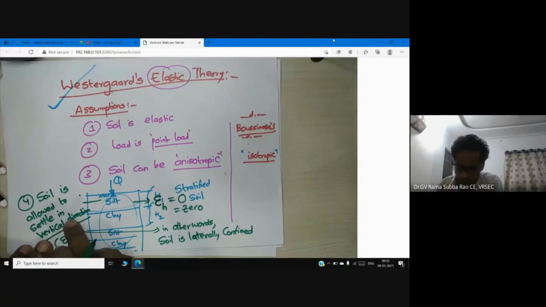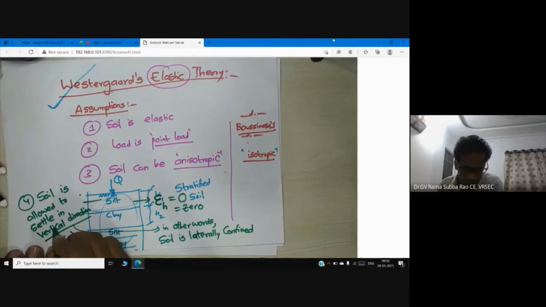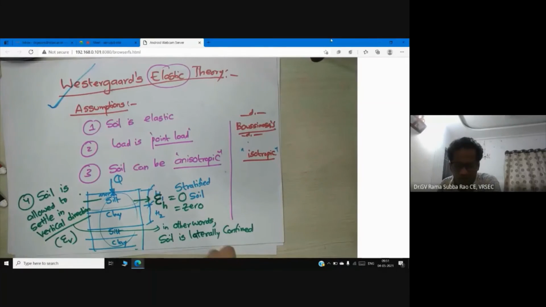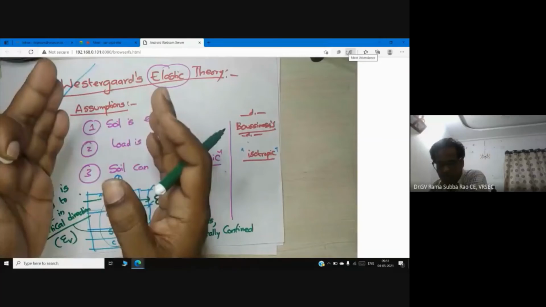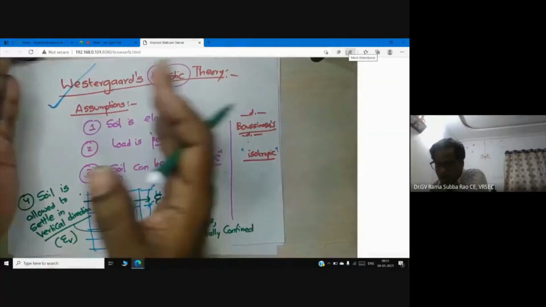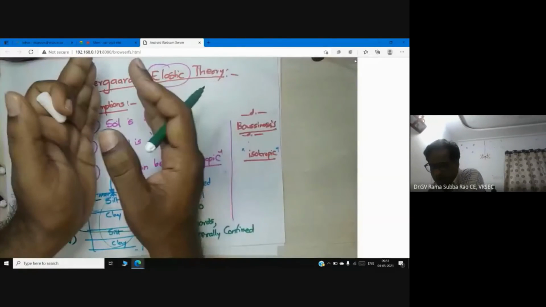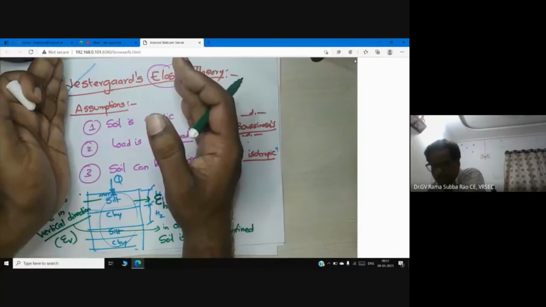Let me read now the fourth assumption. Soil is allowed to settle in vertical direction. In other words, if you are not happy with my statement, you can have your own statement. Soil is laterally confined. That means soil is not allowed to move in horizontal direction, that means it is laterally restrained.